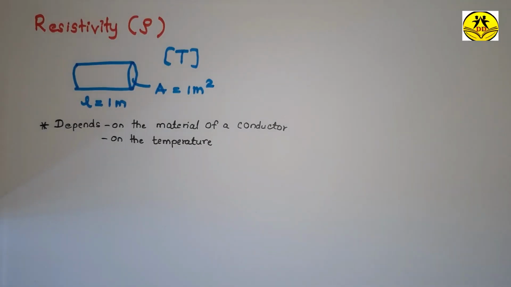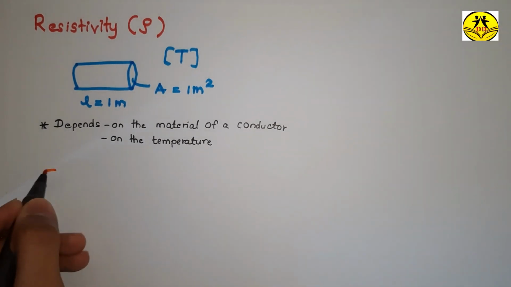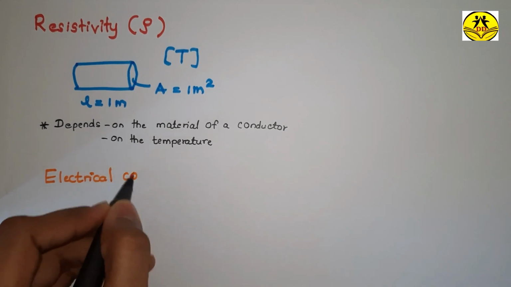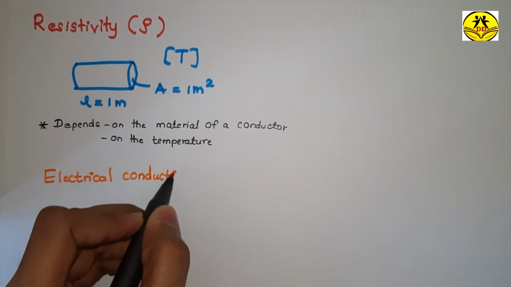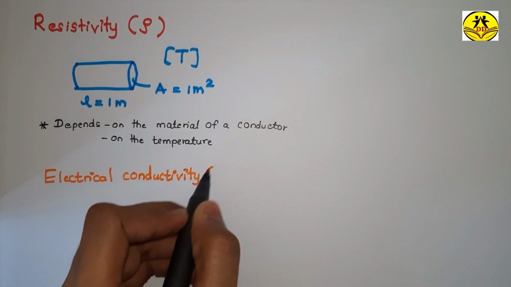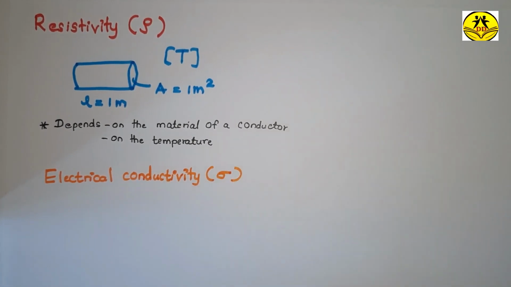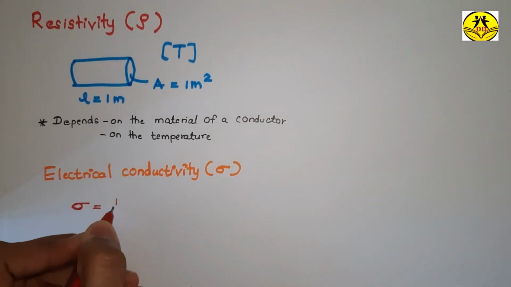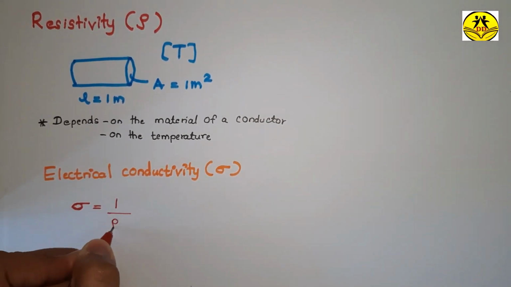There's another term you should know, which is electrical conductivity. It is denoted by sigma. Electrical conductivity is the reciprocal of electrical resistivity. Sigma equals 1 over rho.